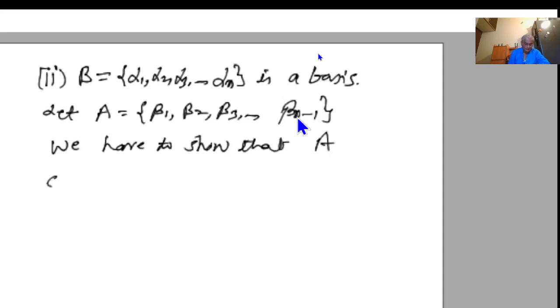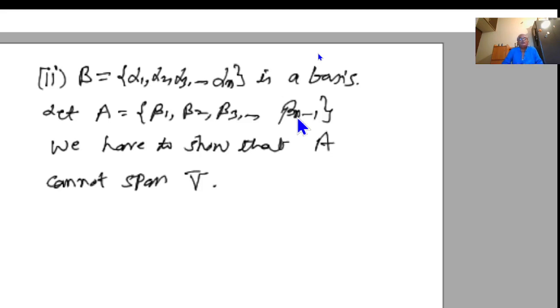We have to show that A cannot span V. To prove that A cannot span V, we assume its negation. That is, we go for the contradiction method.